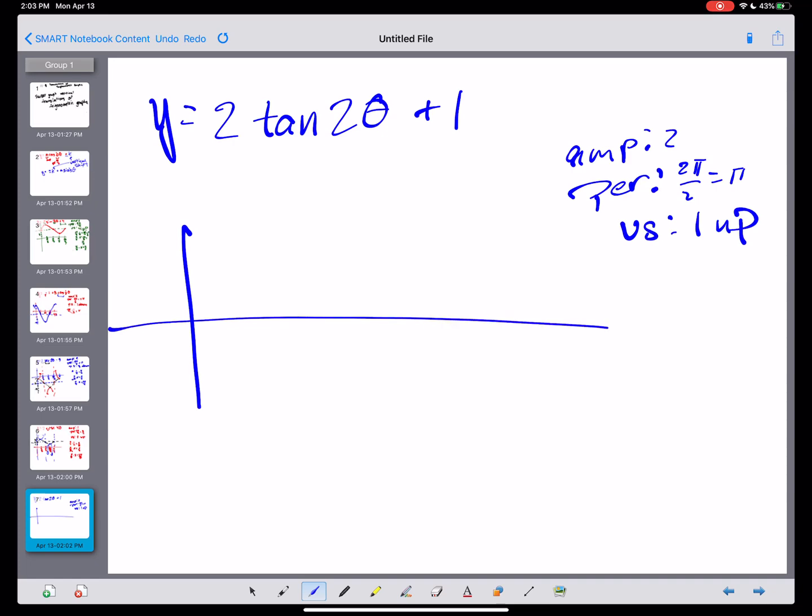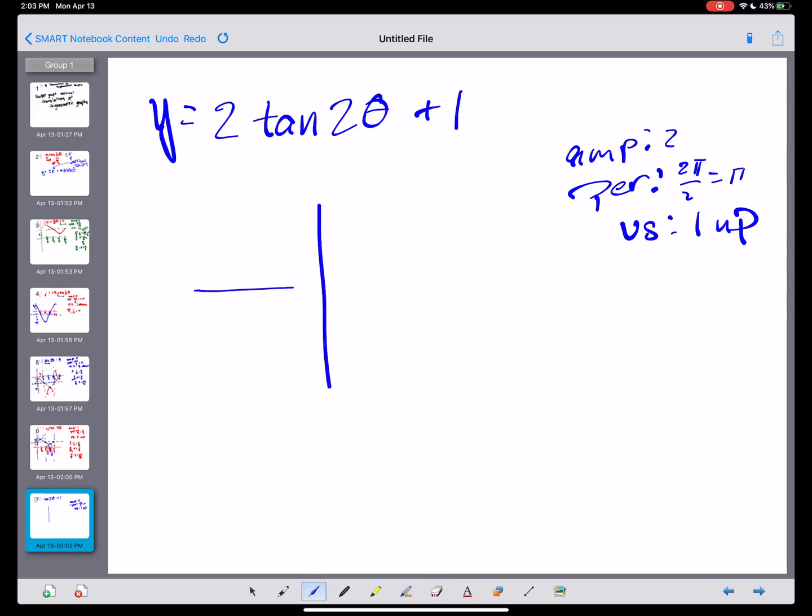Okay, so kind of messed up there already. Remember, for tangent, you want to throw it more towards the middle. And what we're going to do is take our period and multiply by 1/2 to get pi over 2. We're going to throw pi over 2 here and negative pi over 2 here.